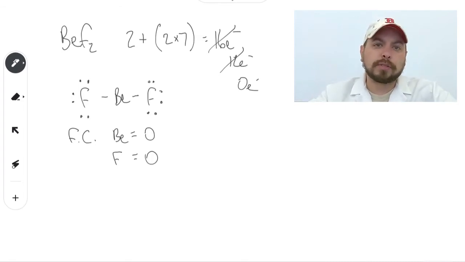Now, if we think about what it would take to give beryllium 8 valence electrons, you'll find that the formal charges actually wouldn't be 0. So let's take a look at what that would be.